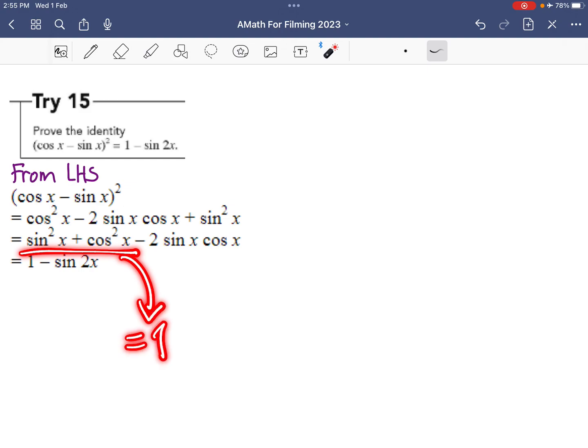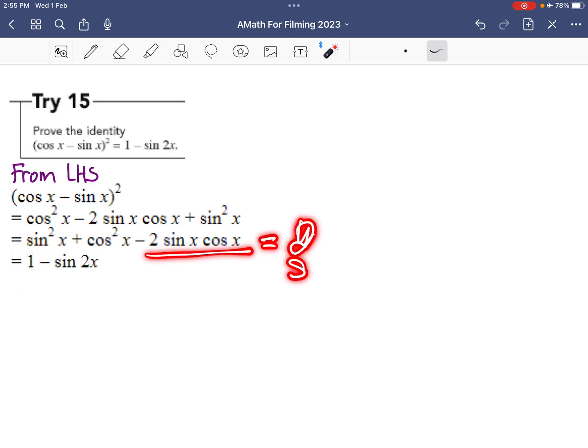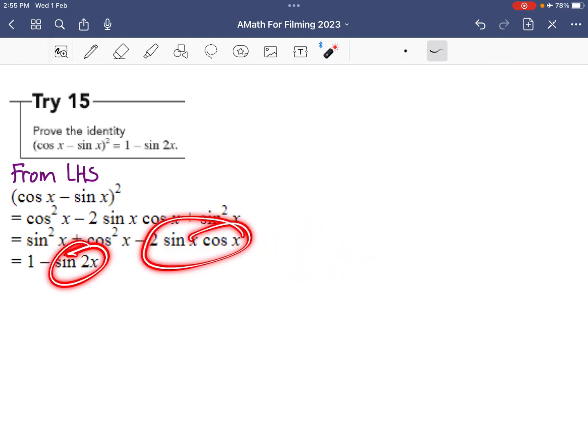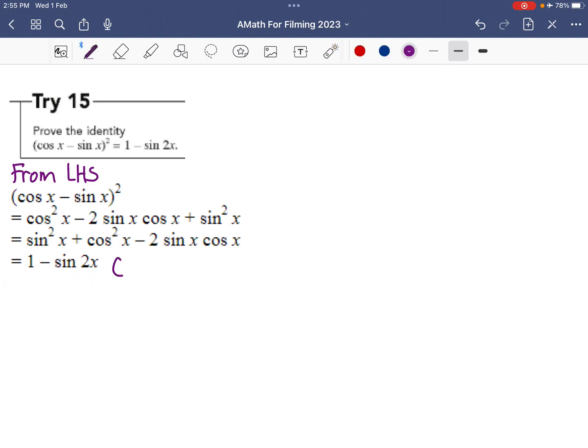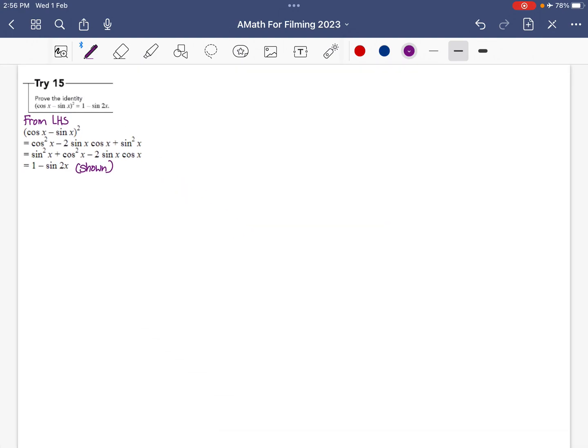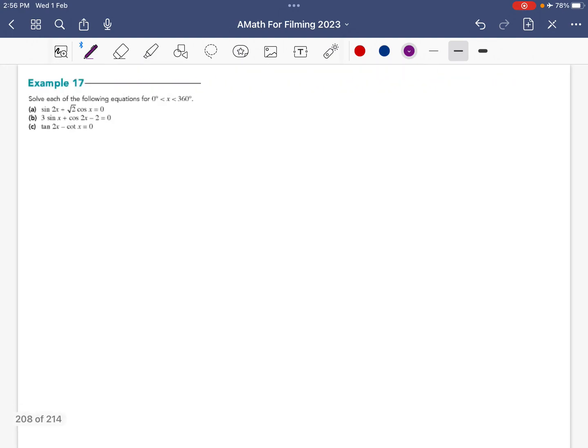If you remember from your earlier chapter, sin squared x plus cosine squared x is equal to 1. Hence, this term here will give you a 1. 2 sin x cos x is actually equal to sine of 2x. Hence, this term becomes sine 2x. So I get 1 minus sine 2x. And you can always write there that this is shown.